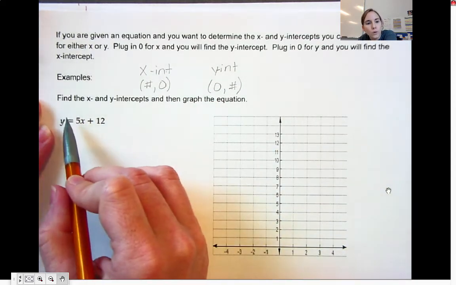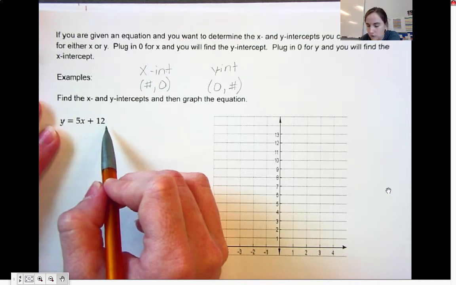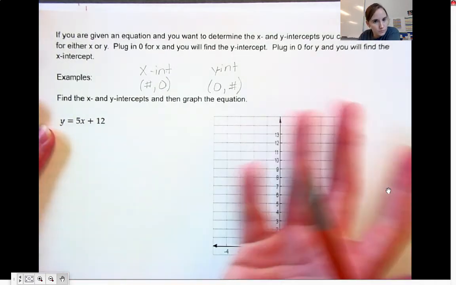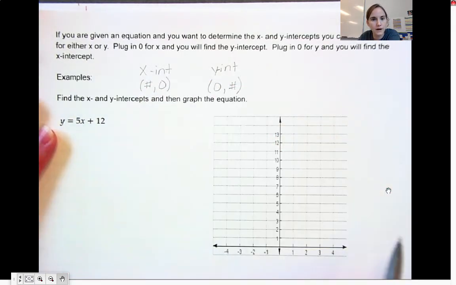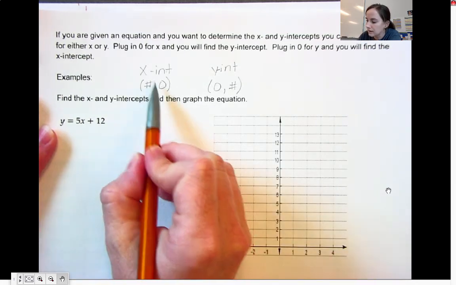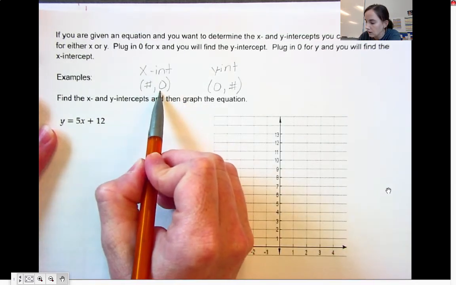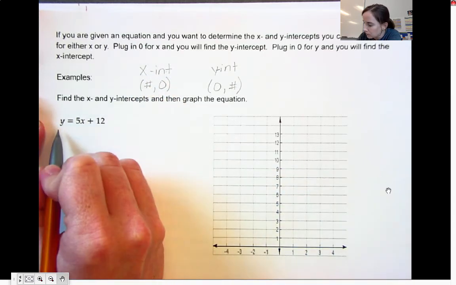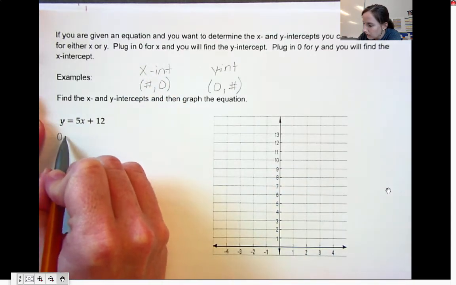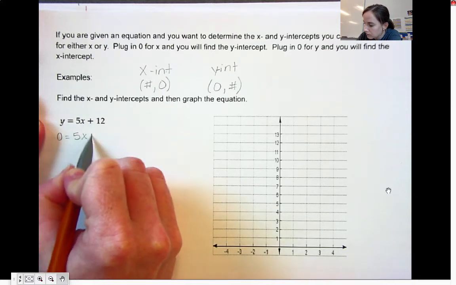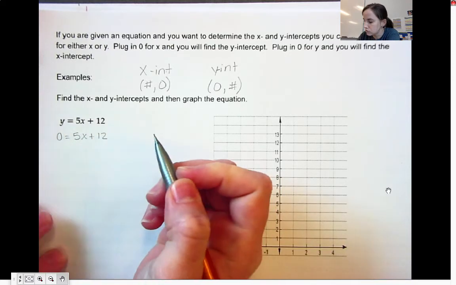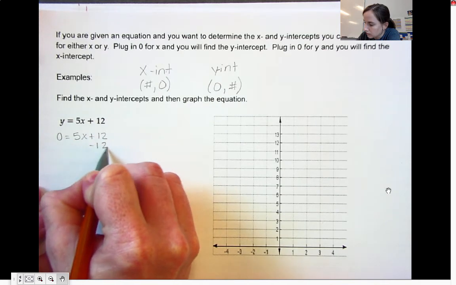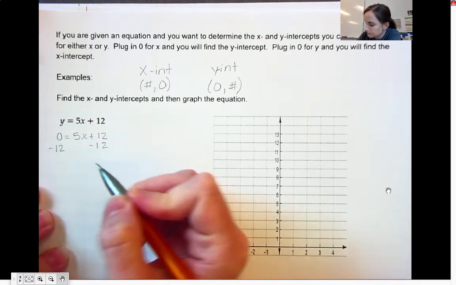So if you want to find the x and the y-intercepts here, we plug in 0 depending on which one we're looking to find. If I want to find the x-intercept, I'm going to plug in 0 for y. So here I'm going to plug in 0 for y, and I'll get 5x plus 12. Continue solving. Subtract 12, subtract 12.